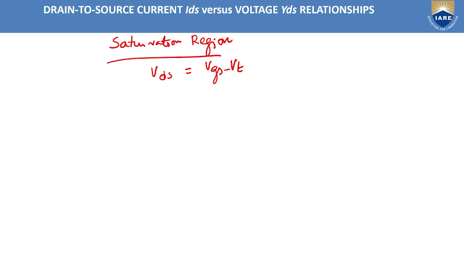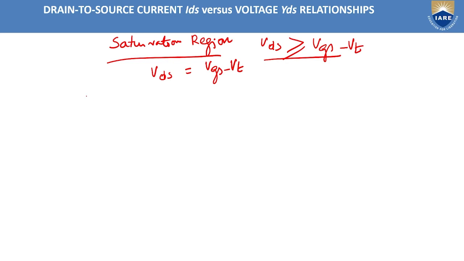So what you have to do? You have to substitute VGS minus VT for VDS, because the saturation region begins when VDS is more than VGS minus VT. So wherever VDS is there in the above equations, you substitute VGS minus VT, then you get the relationships for the saturation region.